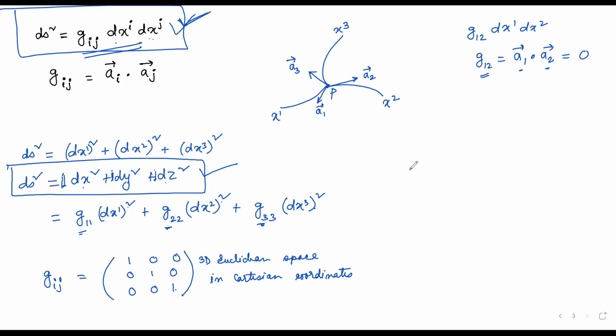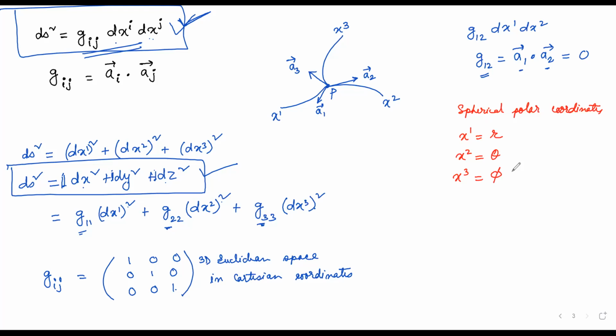Now, if from my rectangular Cartesian coordinate systems I shift to spherical polar coordinate systems, then x1 would be r, the second coordinate curve would be theta, and the third coordinate curve would be phi.